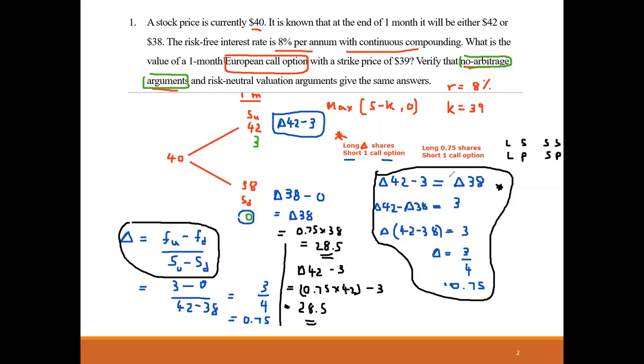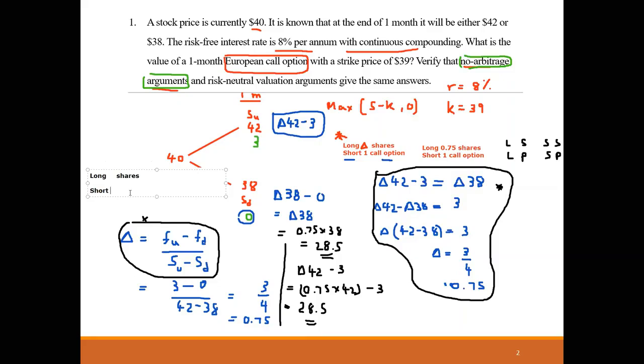Now, when I'm using this formula, I will always take a long position in my shares and a short position in my option, right? So if that is the case, what could happen to the delta value? When I'm using this formula, I would always take a long position in shares, and I would take a short position in the option.